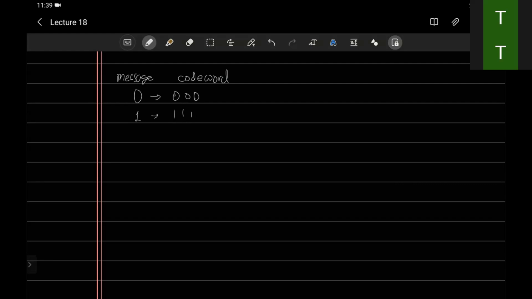You can think that this 3-bit code word can be not only 000 or 111, but any other combination like 010 or 100. But in this case, we define only these two combinations as valid, and all the others are invalid. The type of message we want to deliver is only 0 or 1, so it can be considered a 1-bit message.